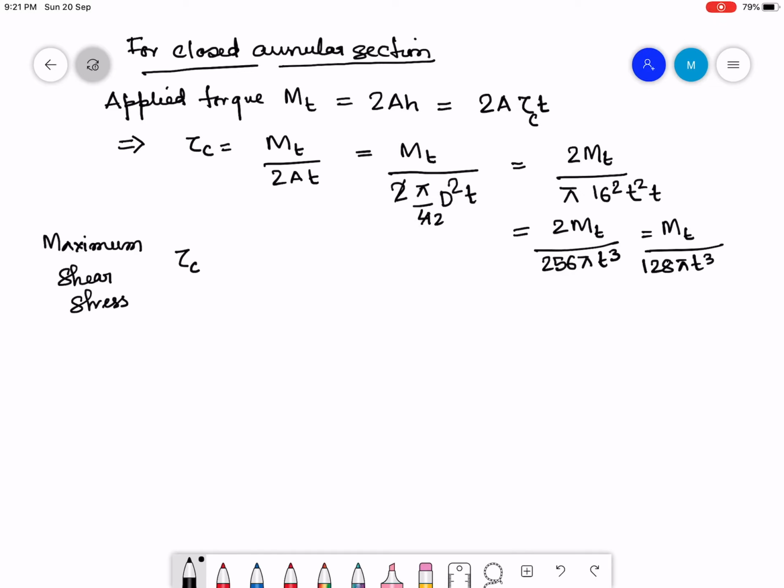So the entire cross section has a constant stress throughout, and that is given by tau c, which is mt by 128 pi t cube. So this is 1.